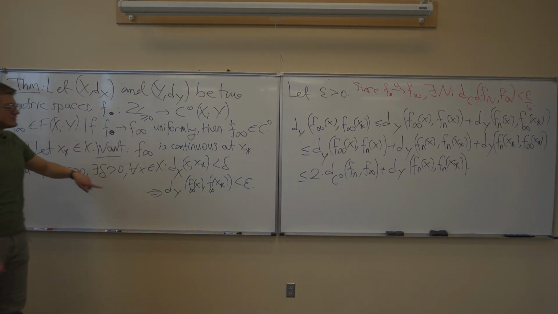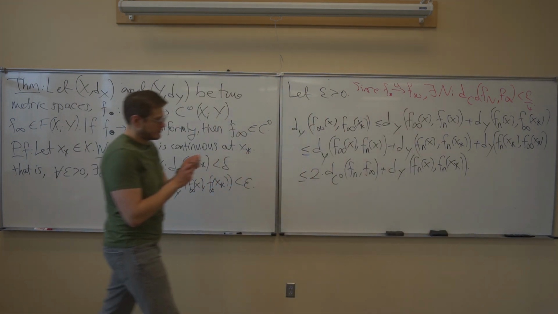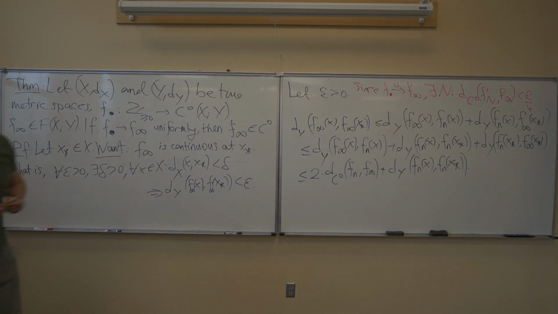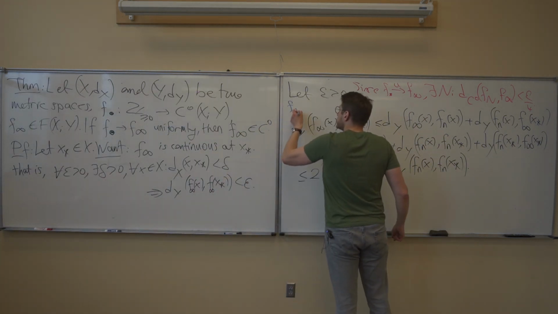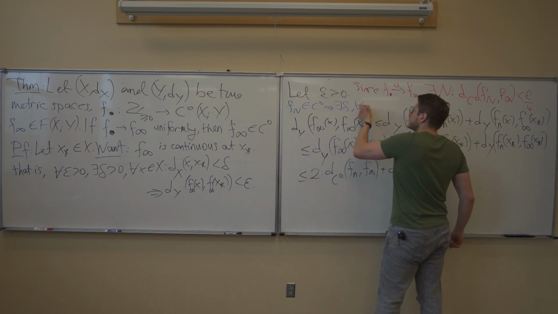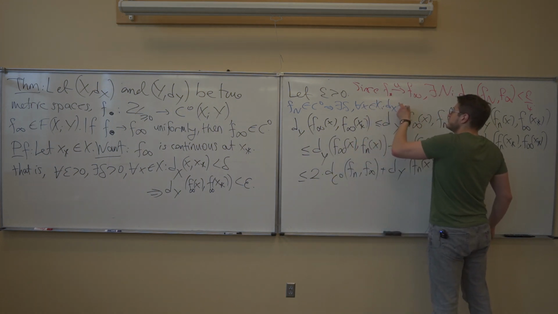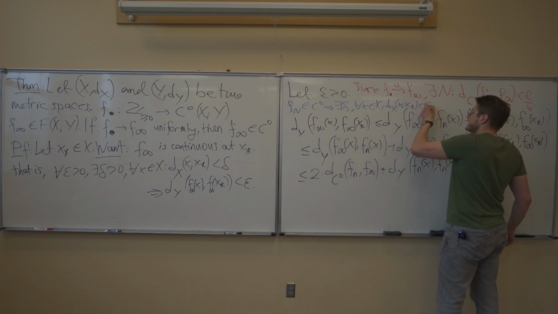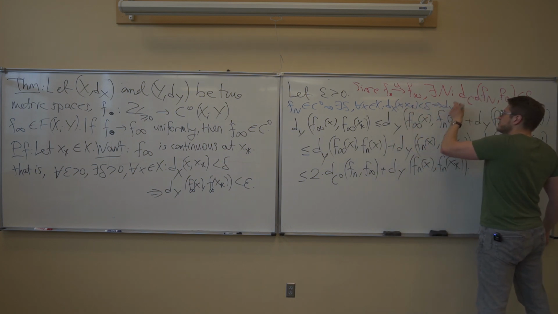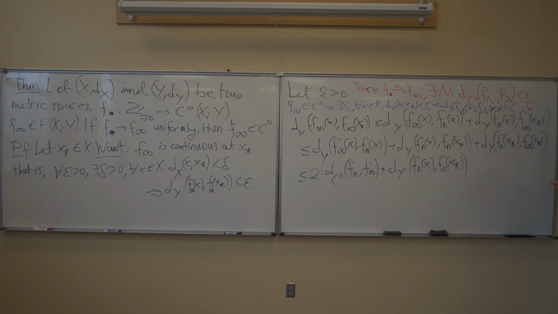And so that gives me that there's a delta such that I can bound this for f sub capital N. For any x in X, if the distance between x and x star is bounded by delta, then the distance between their images under the nth term of the sequence is bounded by epsilon over 2.